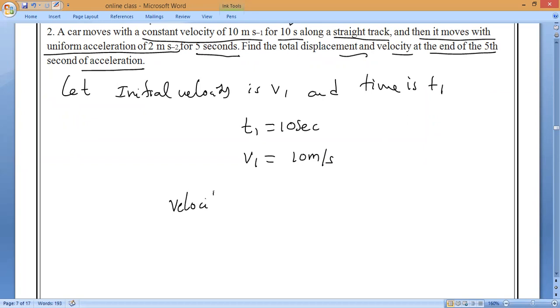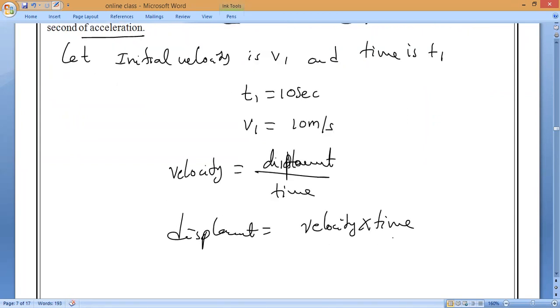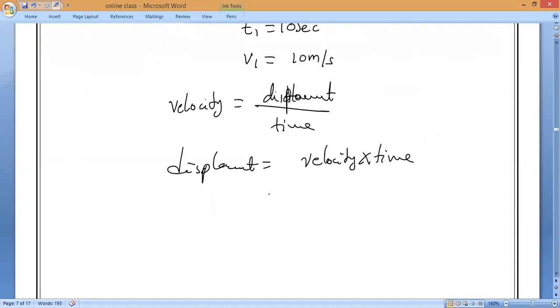Velocity formula is what? Velocity is equal to displacement by time. Yes or no? Yes, sir. Displacement divided by time. So now we want displacement. Displacement is equal to velocity into time. Now what is the velocity, guys? 10 meter per second into time, 10 seconds.